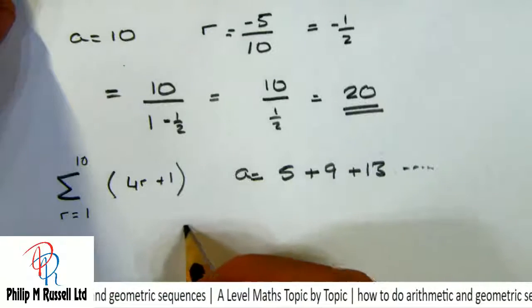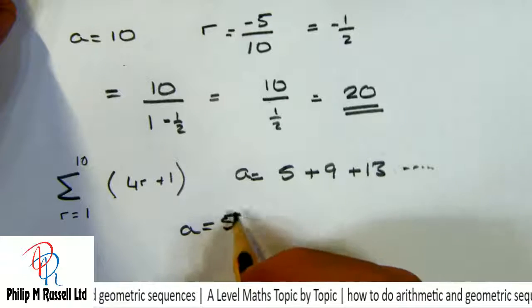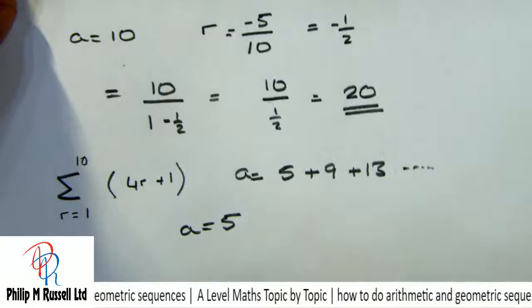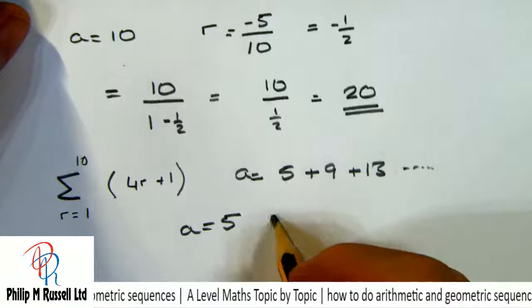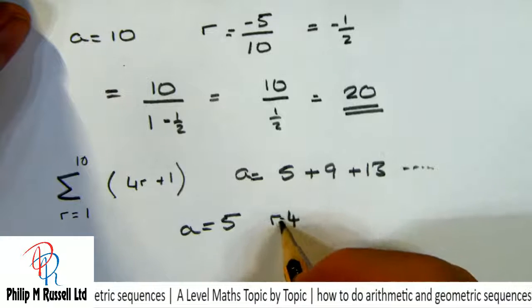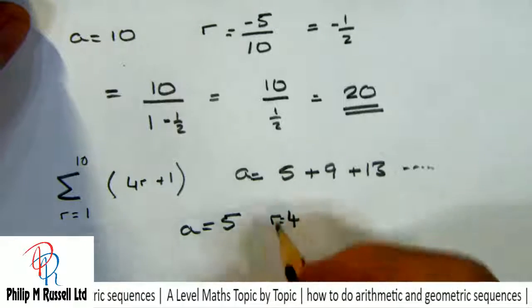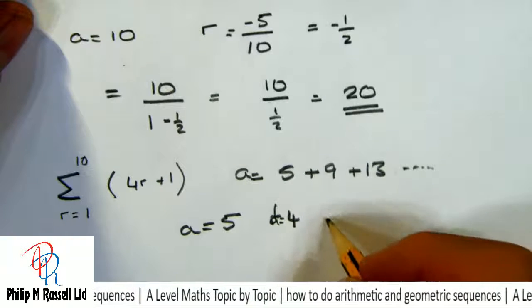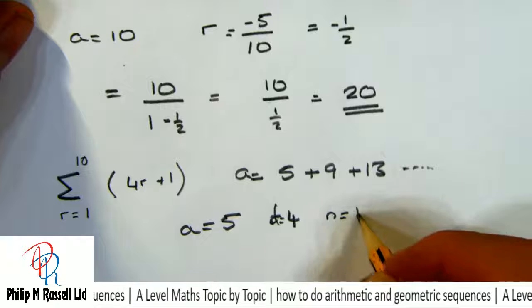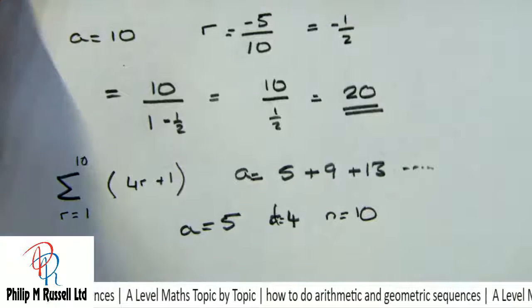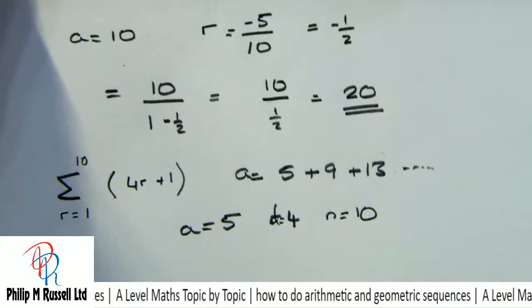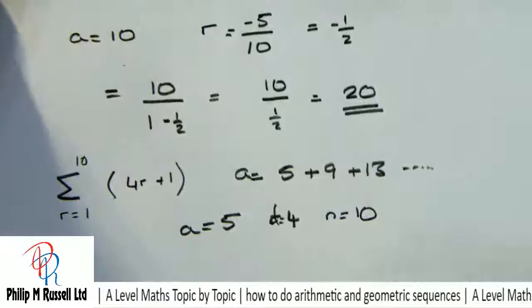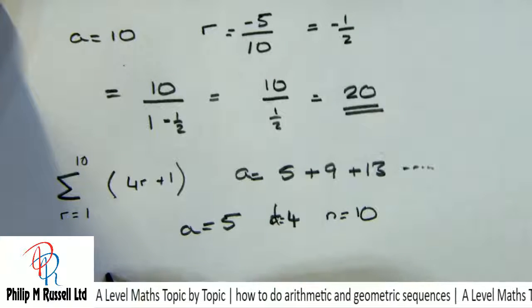So I know that a equals 5. My common difference here is going to give me 4, and n here is going to be 10.